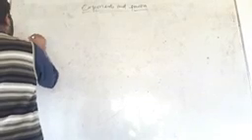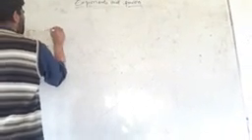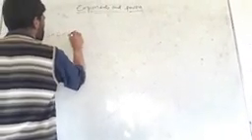We can take more examples of this type. For example, we have 6 into 6 into 6 into 6. It can be written as 6 raised to power 4.